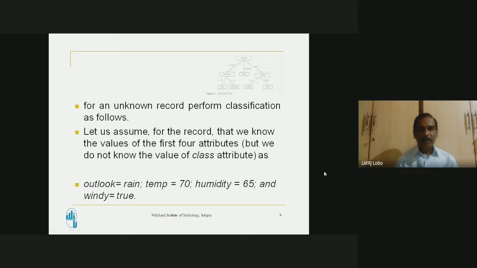For an unknown record now, which is selected from the test data, we perform a classification as follows. Let us assume for the record that we know the value of the first 4 attributes, but we do not know the value of the class attribute. For example, outlook is equal to rainy, temperature is 70, humidity 65, and windy is true.